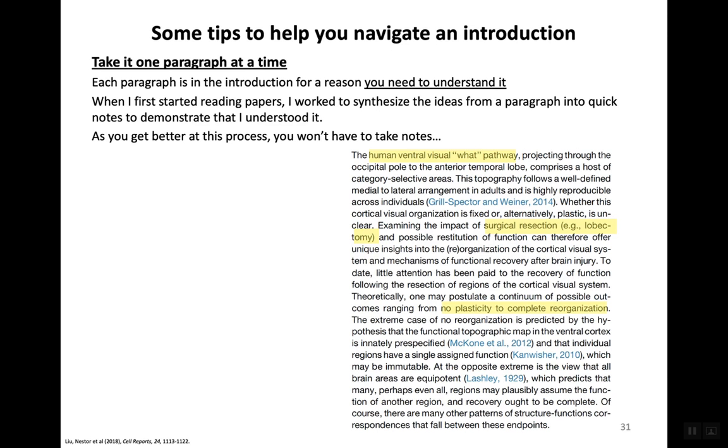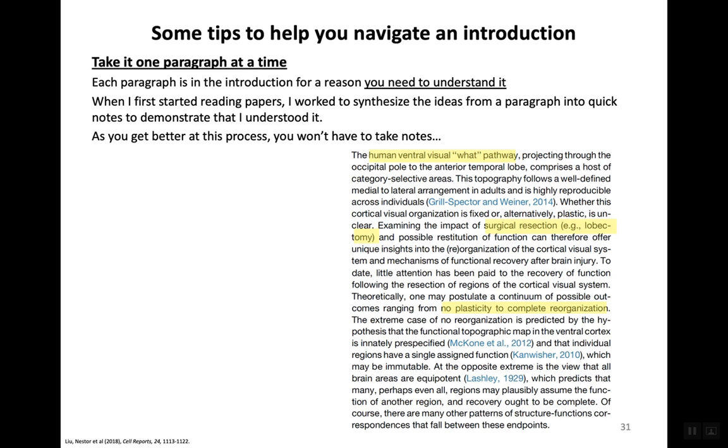As you develop more and more skills with reading scientific articles, you might be able to discard that. But even nowadays, whenever I feel that an introduction is particularly stuffy and difficult to comprehend, I try to break it down and jot down a few notes that summarize the content of different paragraphs and of an intro. Okay, so then let's look at the first paragraph of this introduction.